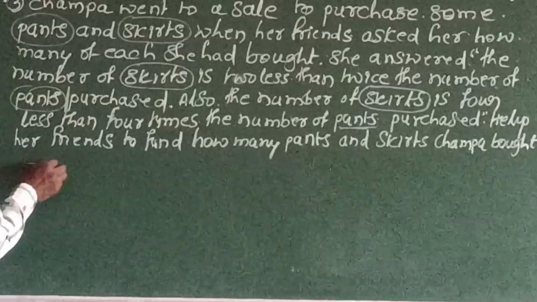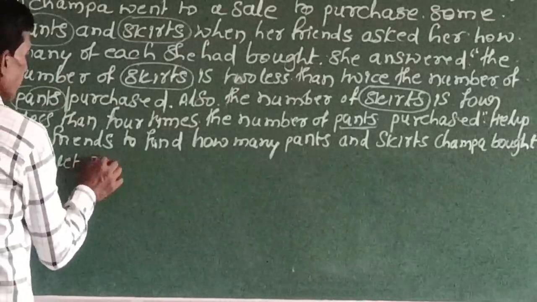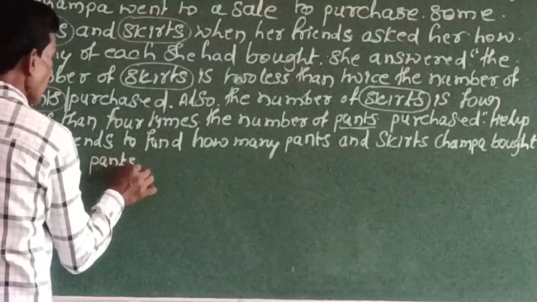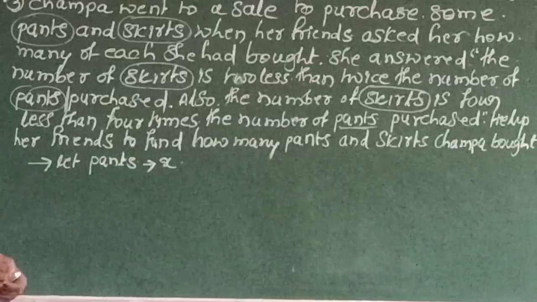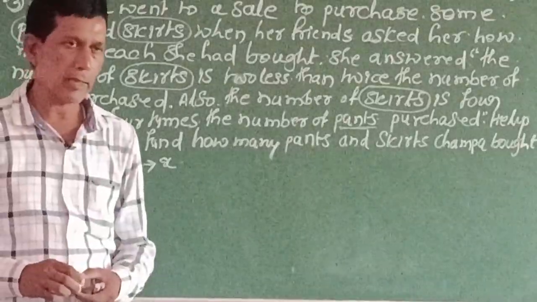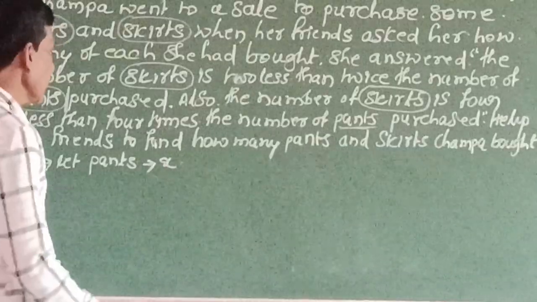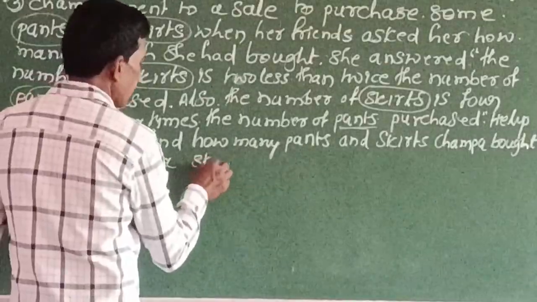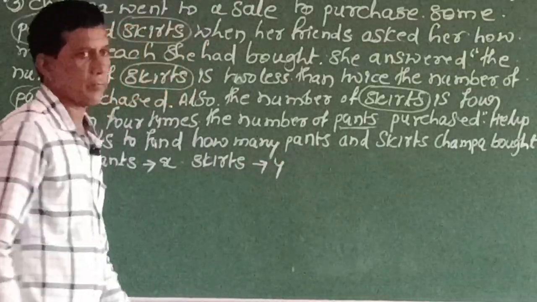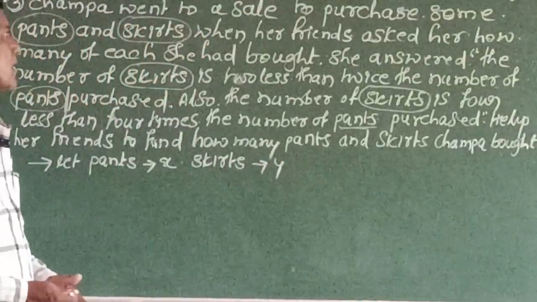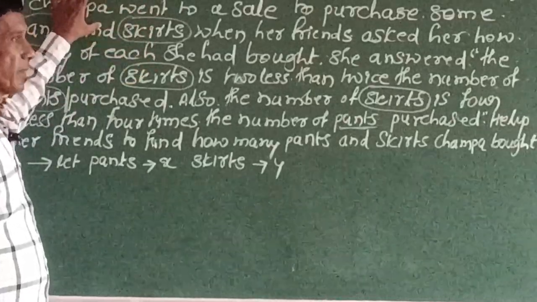So let the number of pants be denoted by X, and the skirts be denoted by Y, because Champa purchased some pants and some skirts.